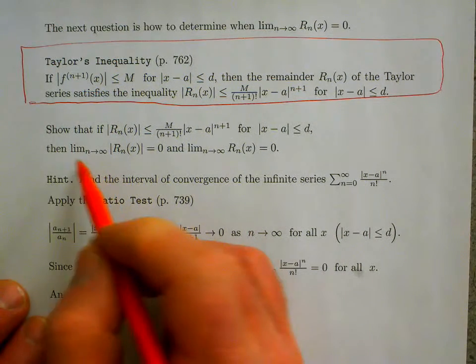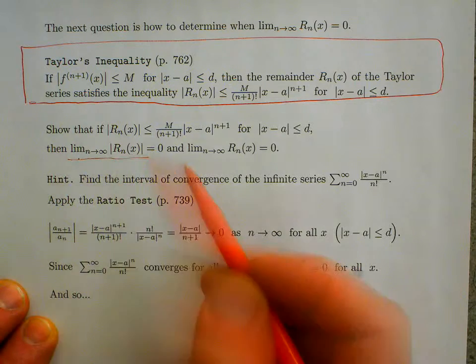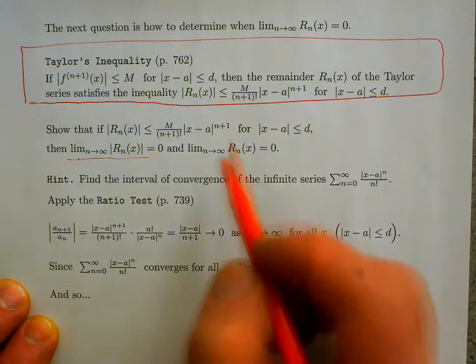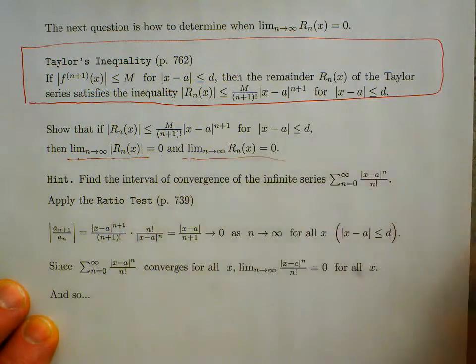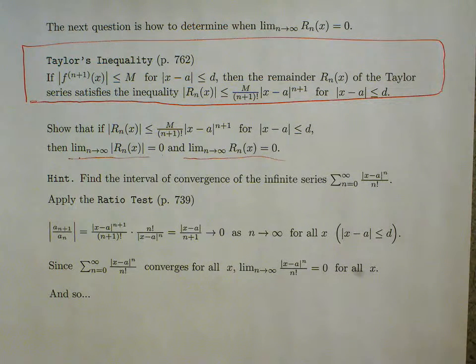And if we could show that the limit of the absolute value of r sub n of x is 0, then we can conclude that the limit of r sub n of x itself is also equal to 0.